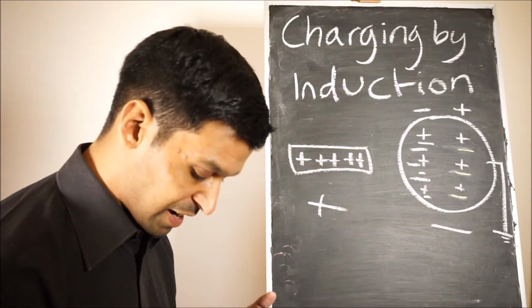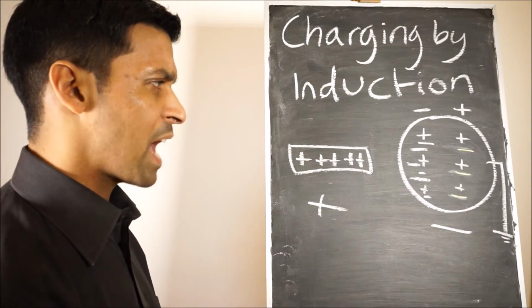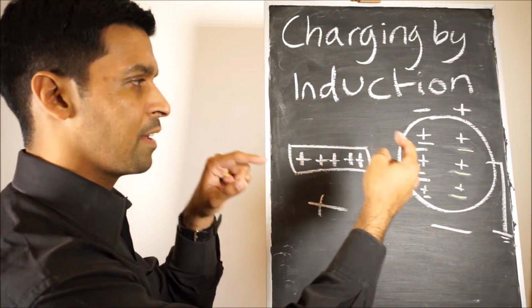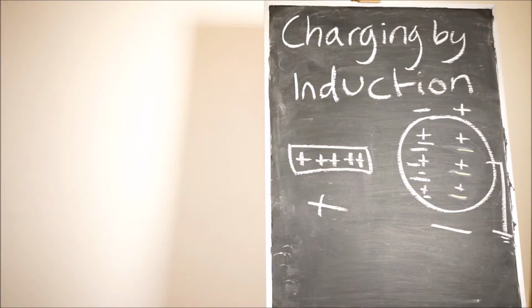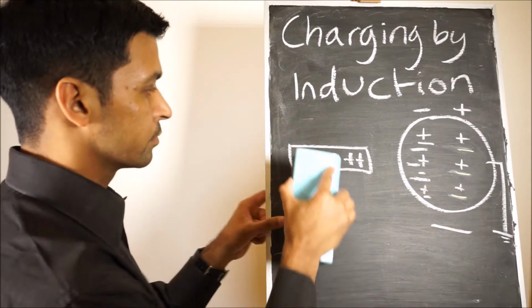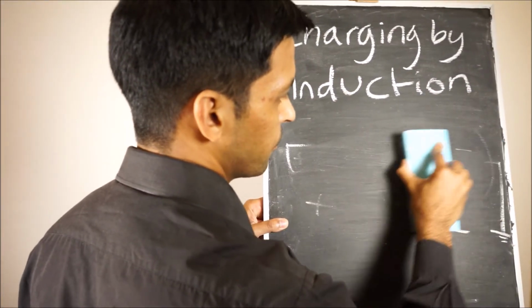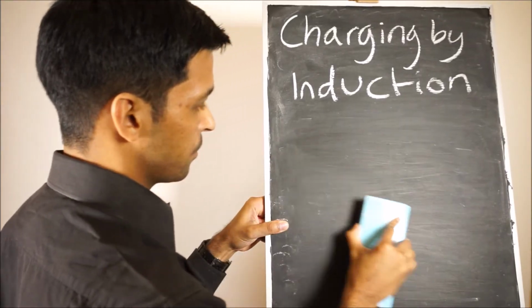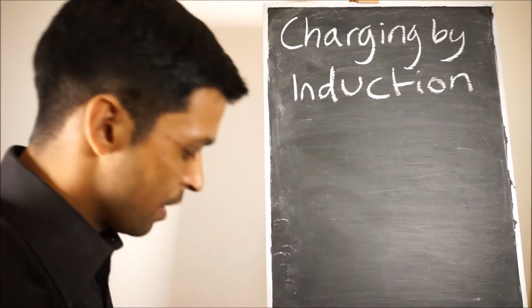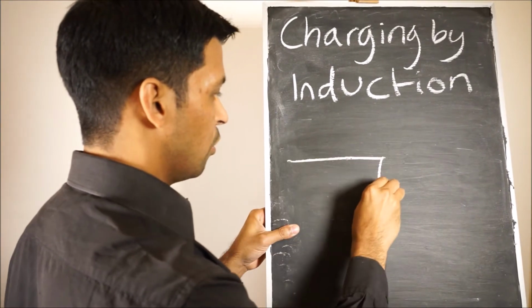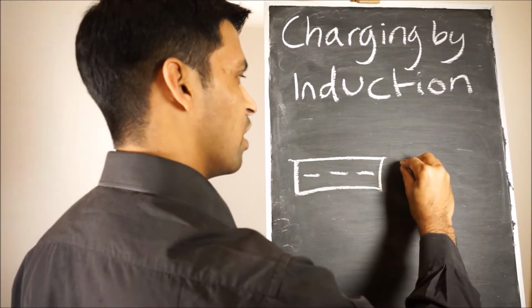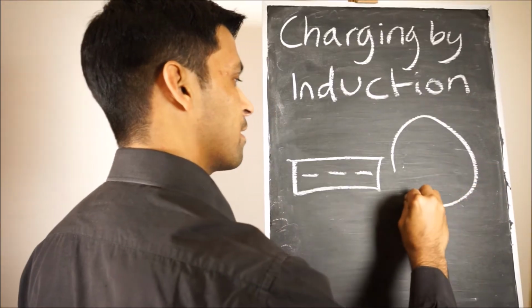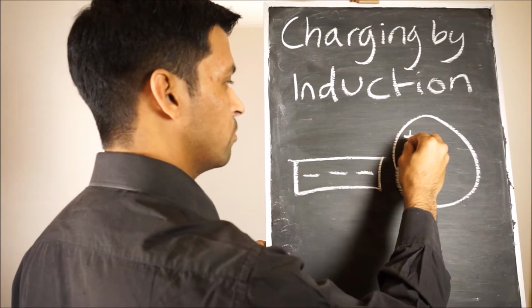One's positive, one's negative. So let's have a look at what would happen if this was negative and obviously that was neutral. So now let's just rub that out and start again. Okay. So I've got an object here which is negatively charged, and I've got an object here which is neutral.